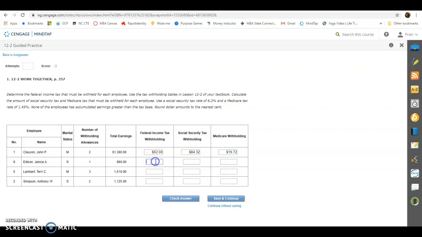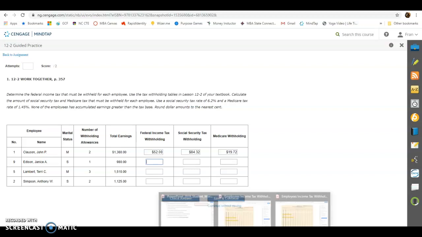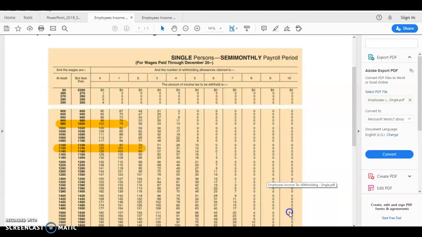Okay? All right, so we're going to go to Janice Edison. She's single. She only has 1 allowance, and she made $980. Okay, we're going to pull up the tax table. These are single. Okay, $980 is right here. She only had 1 exemption, so $79 is going to be her federal tax.